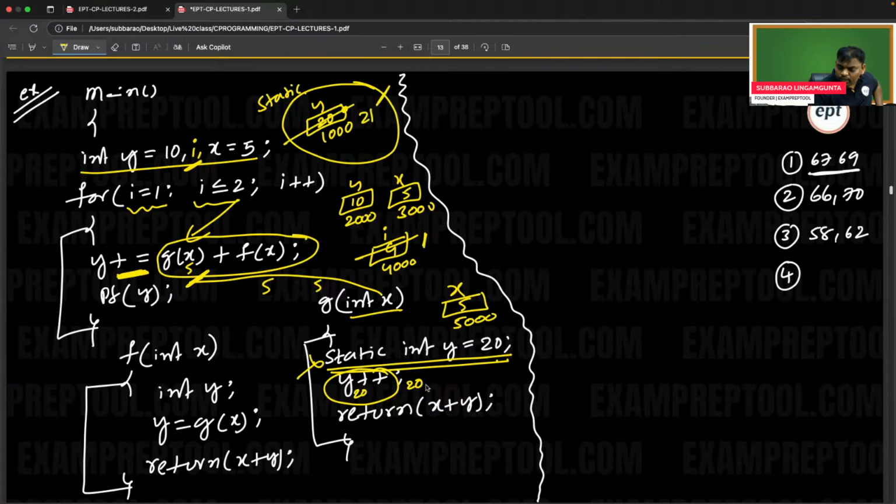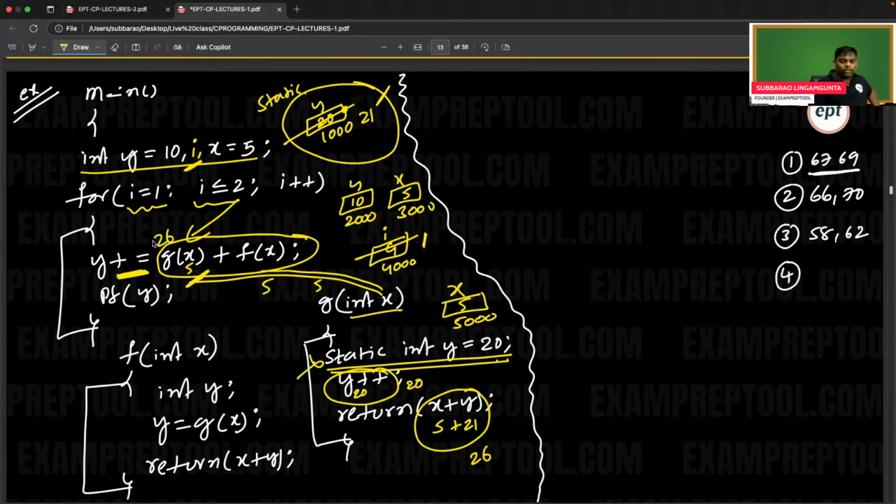At that line it is 20, after that line is over, it became 21. Next one, x is already 5 in this function, y is 21, so 5 plus 21 is 26. 26 will be returned. Return means, from which place you came, to that place it will go. This will become 26.